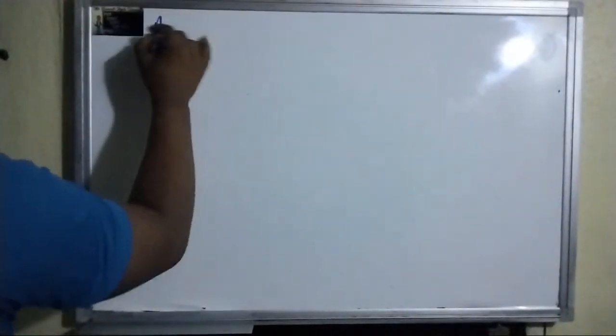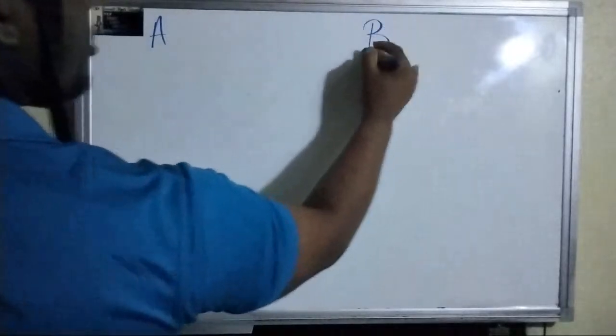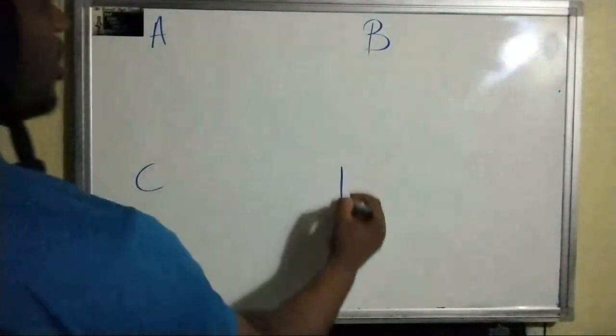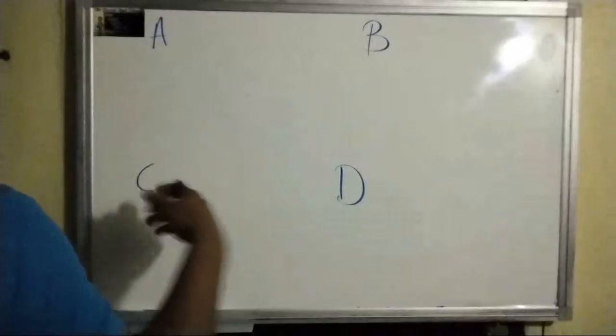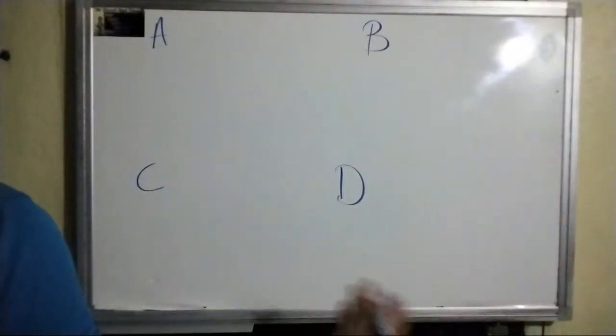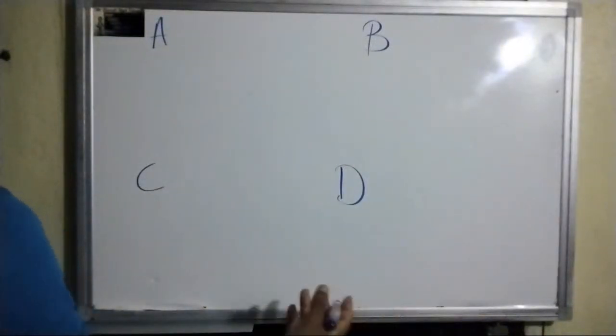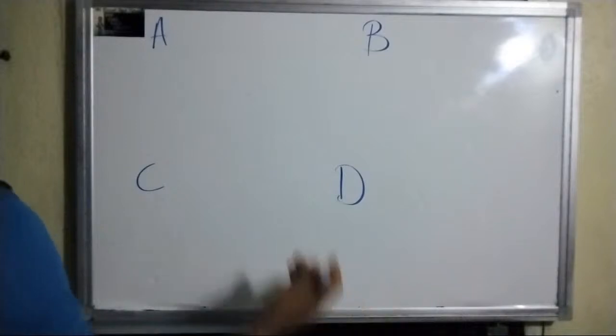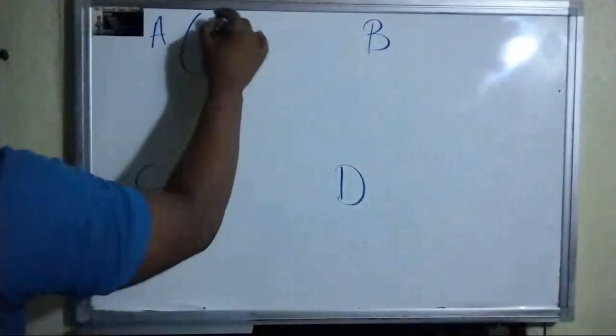So guys, I'm going to label them A, B, C, D. So you're going to just type A if you think it's singular, B non-singular, C singular, D non, and so on. Alright? So let's go.